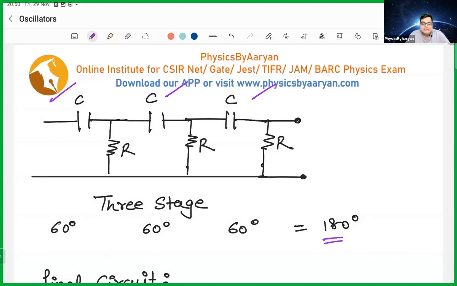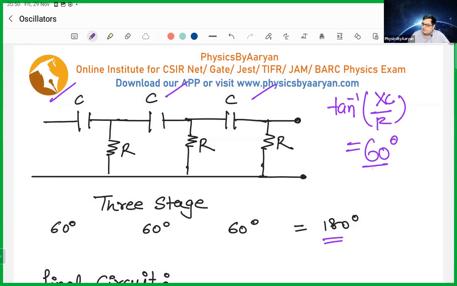So what I actually do is I do not use one RC circuit, or two RC circuits, I use 3 RC circuits. And I design my circuit in such a way that tan inverse of XC by R gives 60 degrees. That is electronics work, because XC, which is 1 by omega C, is in my hand, and R is in my hand.